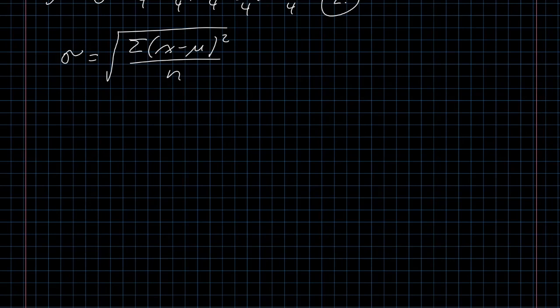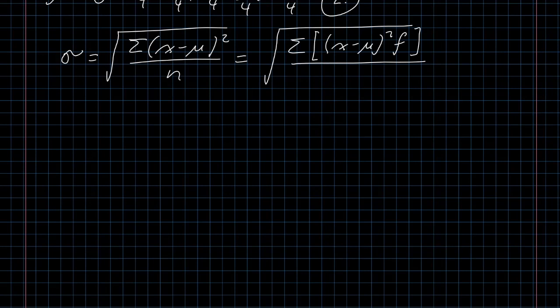And as with the mean, when we were calculating standard deviations, we found that it was convenient to take, instead of all of the x's, all of the unique x values, subtract the mean, square them, and then multiply by the frequency of that x value.